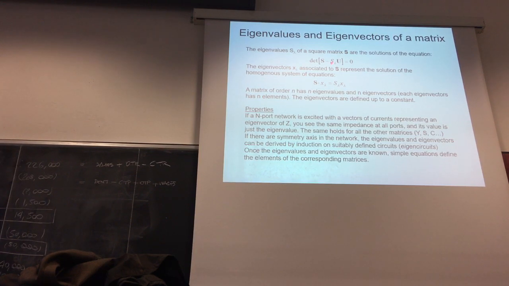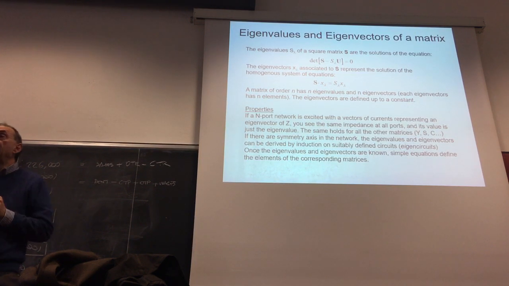Okay? For each eigenvalue, there is in correspondence an eigenvector, which is a vector of length n, which is a solution of this homogeneous system, where S is the original matrix, lambda is the eigenvalue, and x lambda is the vector representing the eigenvector.